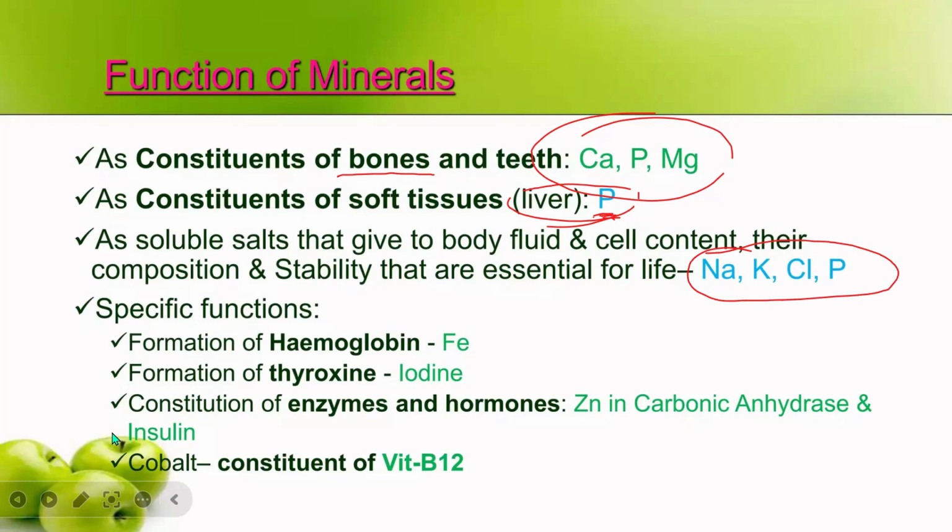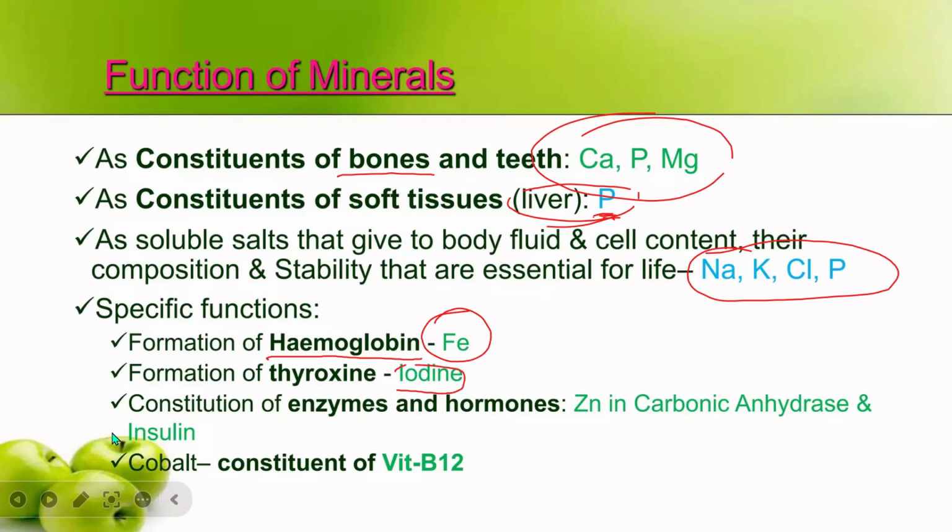And we have some minerals that have a specific function. Hemoglobin, the protein found in the red blood cells, contains iron. Thyroxine, which controls metabolism, the metabolic process, has iodine. And then there are minerals that are constituents of enzymes and hormones.